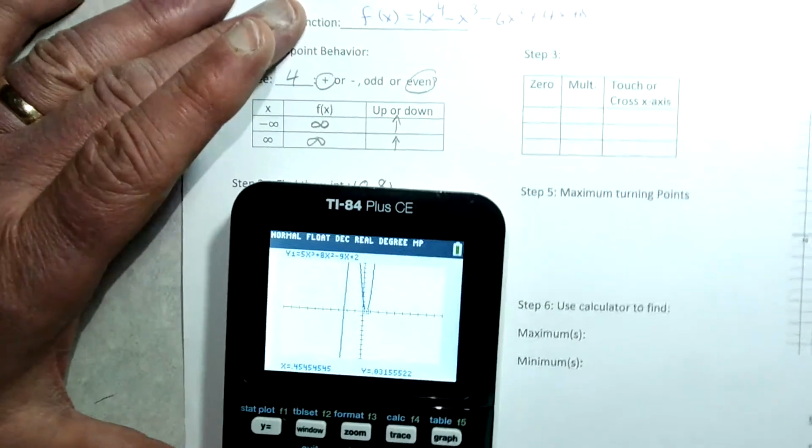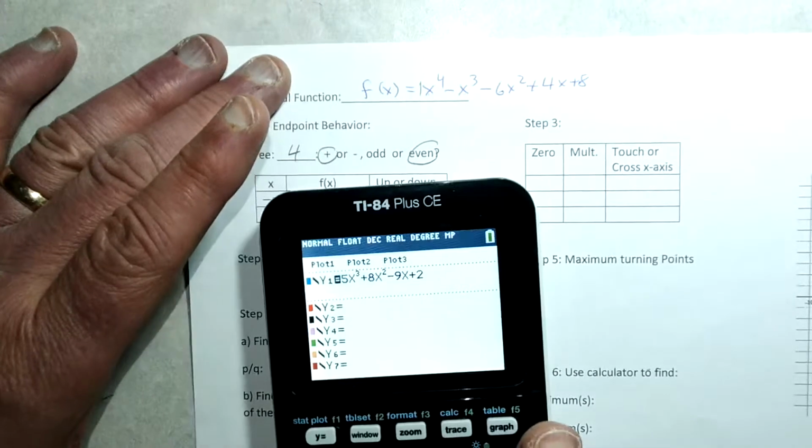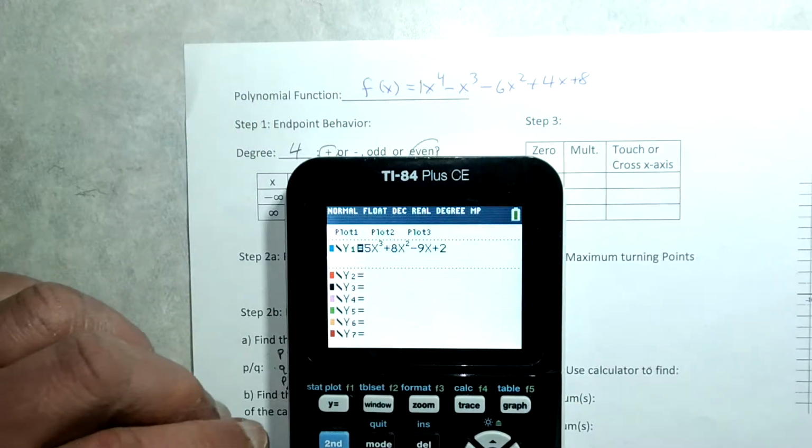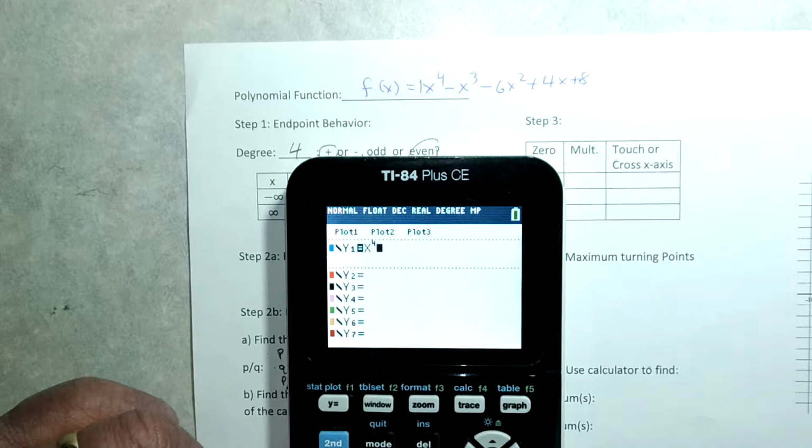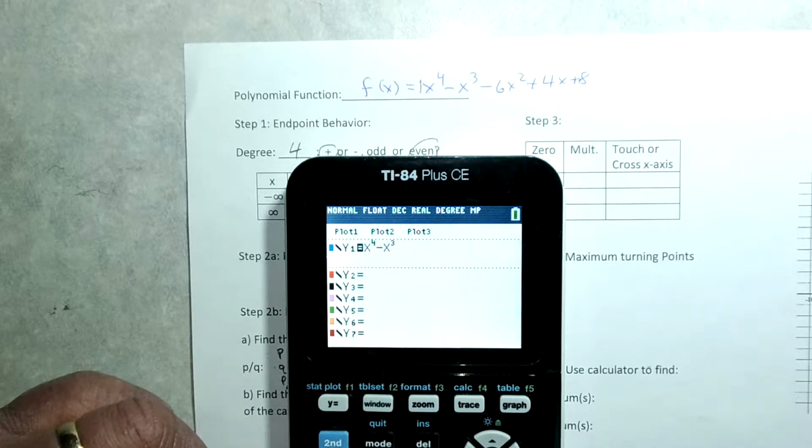Okay, so I'm going to go ahead and put in x to the 4th minus x to the 3rd minus 6x squared. Oops, I've got to fix this a little bit.